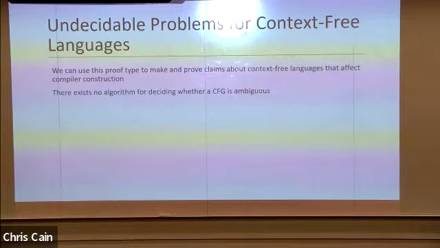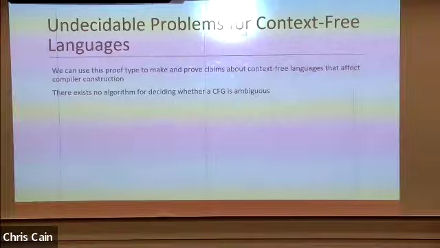What did I mean by ambiguous? Going back in our notes, what was an ambiguous grammar? Yeah, we can produce the same string with different sequences of applications of its productions.